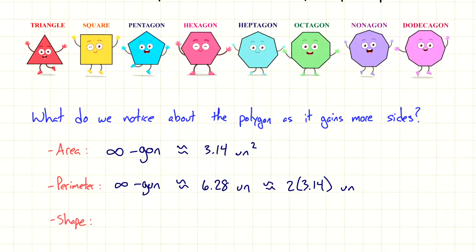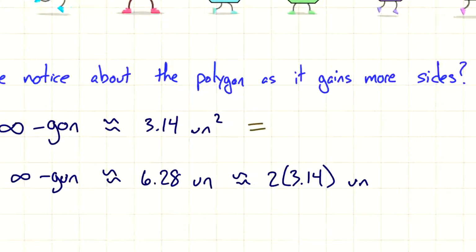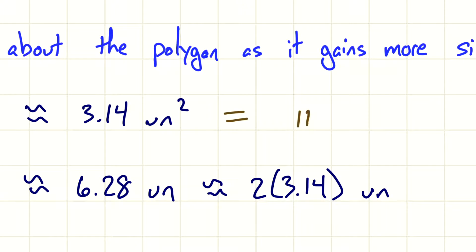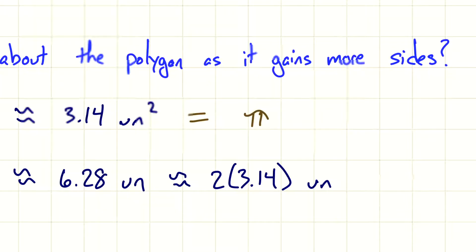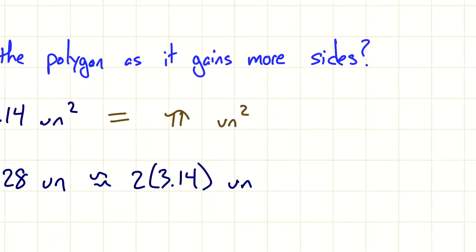And some of you probably already know where I'm headed with this. 3.14 is an approximation for the number pi. I need to zoom in. All right, so this would be pi units squared. And for perimeter, this would be the same thing as 2 times pi units.